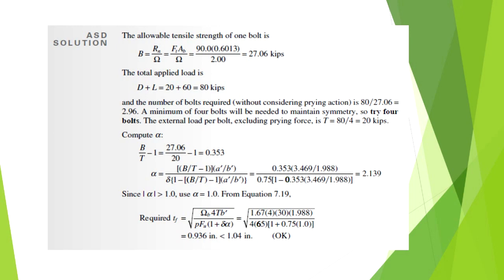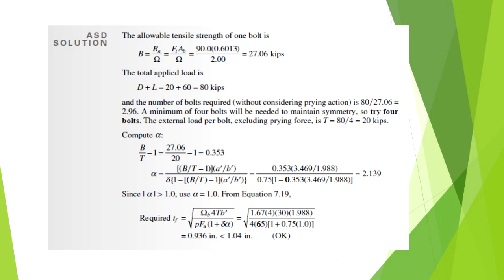Compute alpha prime. B over T minus 1 is equal to 0.353. Alpha prime is equal to (B over T minus 1) times a prime over b prime, divided by delta times 1 minus (B over T minus 1) times a prime over b prime, or 2.139.